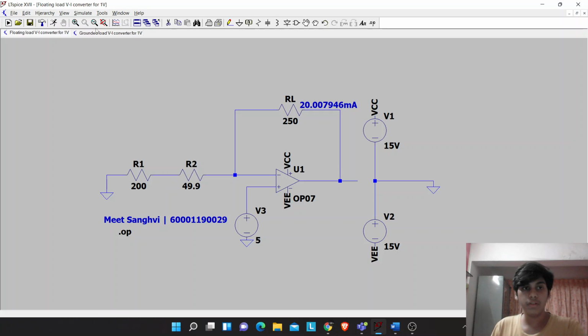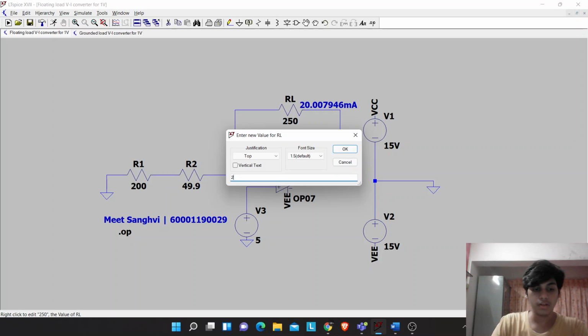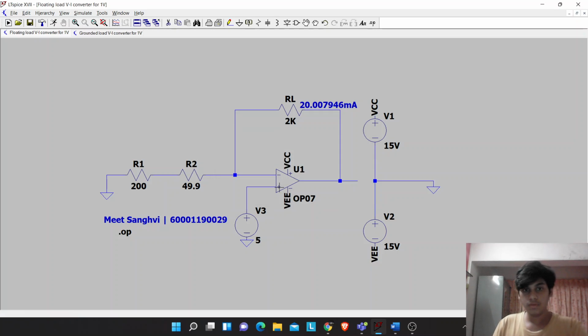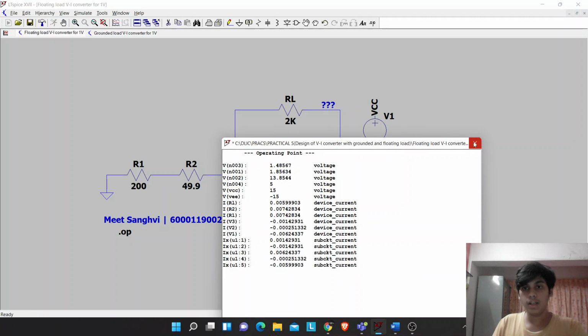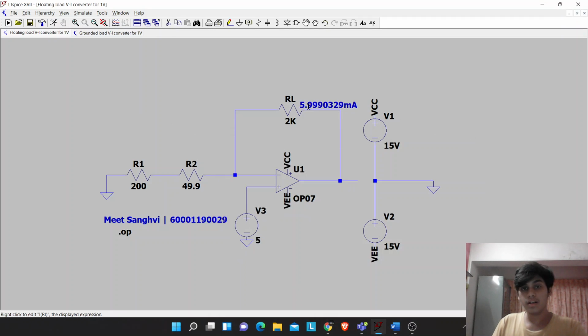Now we change the resistance from 250 ohms to 2 kilo ohms, and we keep the voltage as 5 only. We'll run the circuit and we get current as 5.999, which is approximately 6 milliamperes, which is a very low value of current.